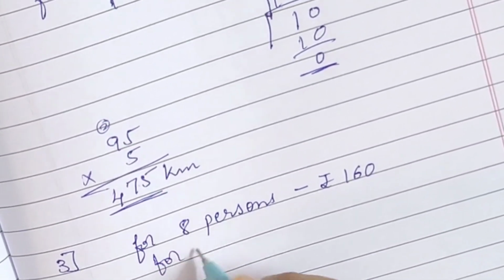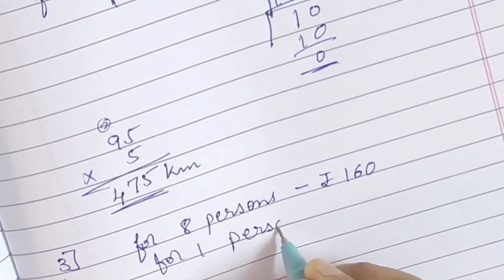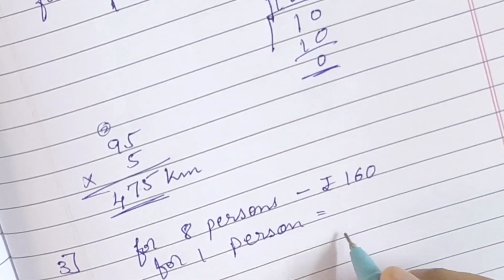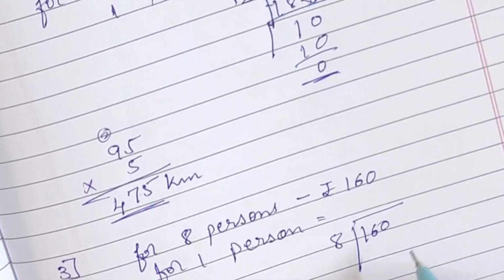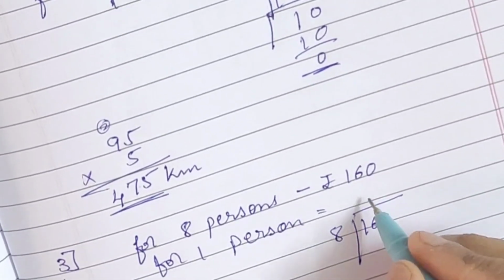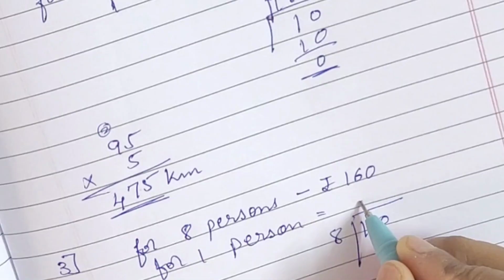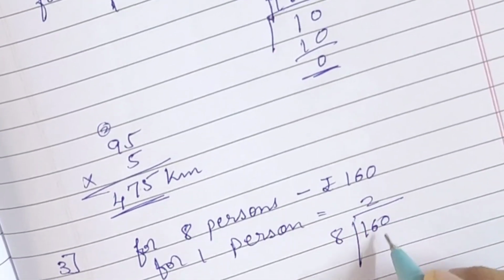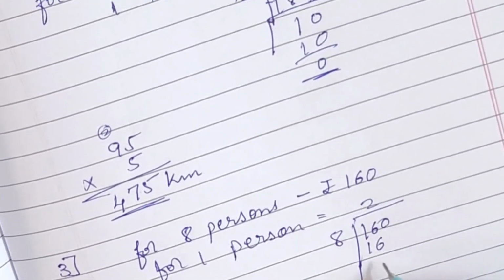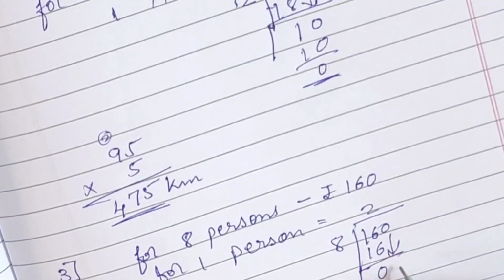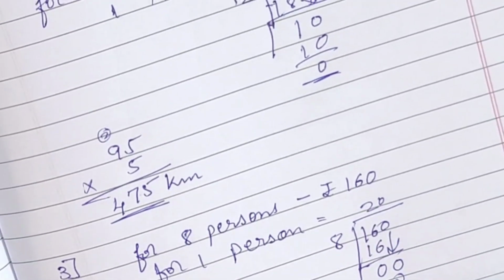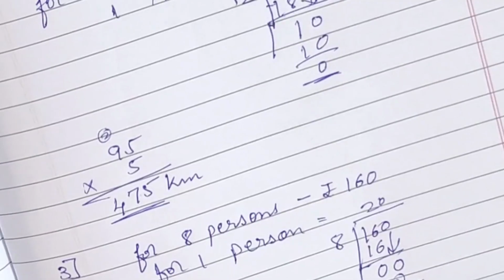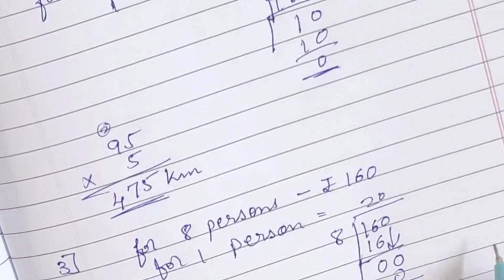For one person, how much? 160 divided by 8. 20.